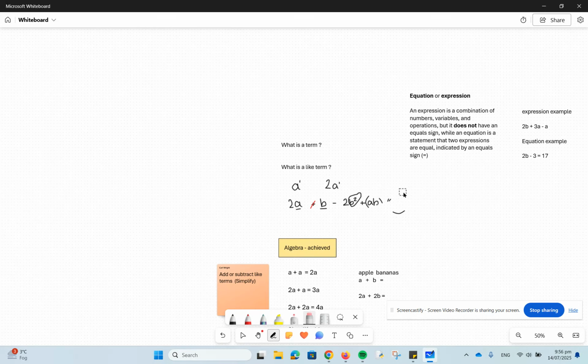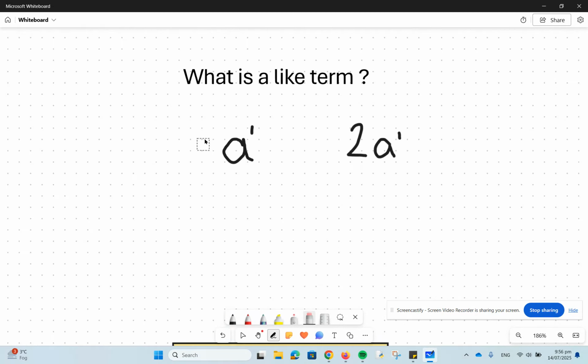So that's like terms. Like terms have to be the same letter and they have to be the same power. The number in front of the letter, it doesn't matter. And you might have noticed something. If I go 3, maybe x, we'll do x's, and I've got 2 x's, like that. Notice when you're trying to get your answer, find out simplified, say it was, we'll do plus again.